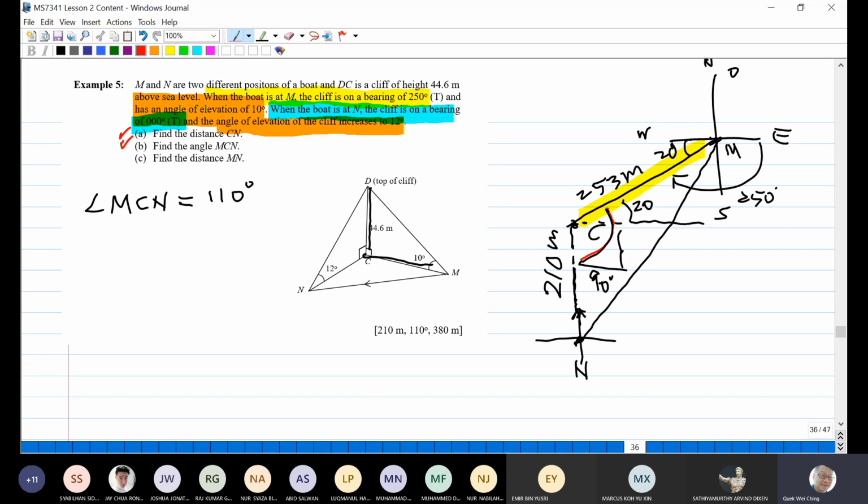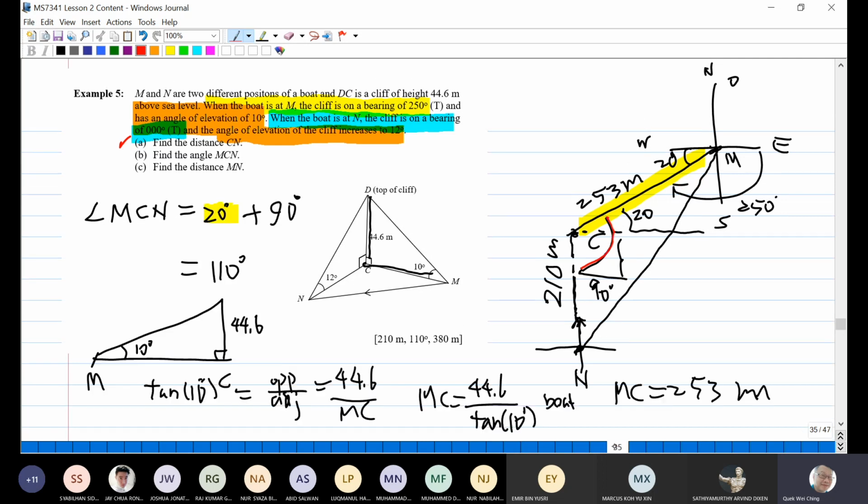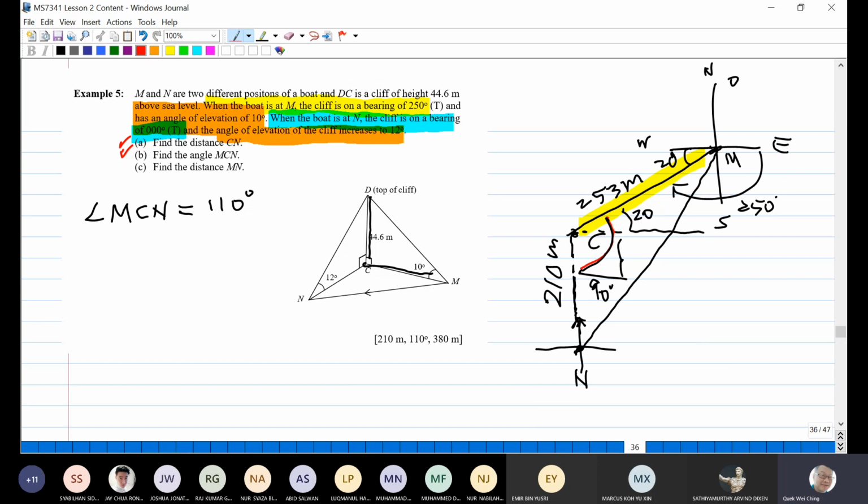Let's see. This one I found angle A is 20. Actually, I don't need that, this is not necessary. I can find the answer without this information. So I can use the sine law.